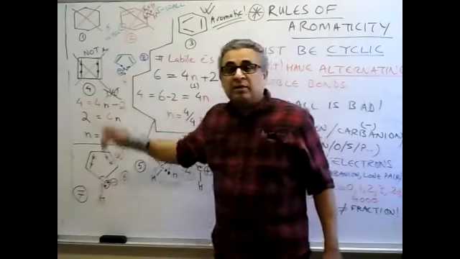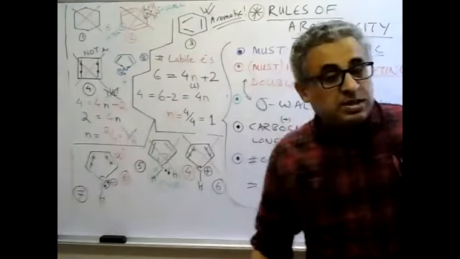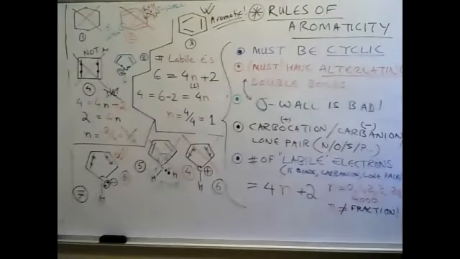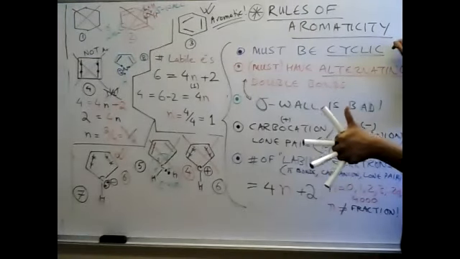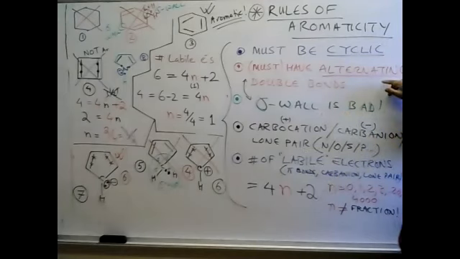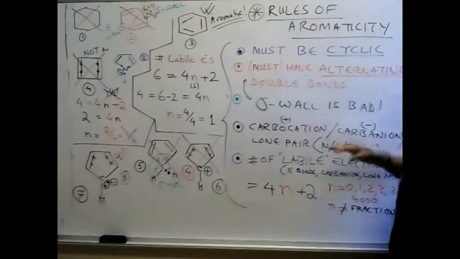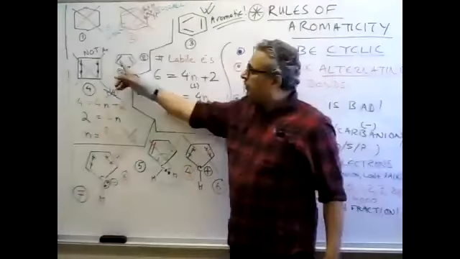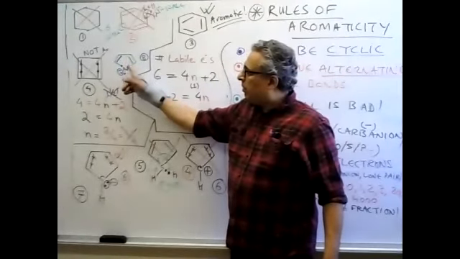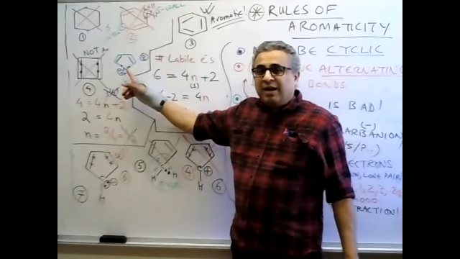What do you guys think about this molecule, pyrrole? Do you think this is aromatic or not aromatic? Check the rules. Rule number 1, cyclic. Yes. Rule number 2, must have alternating double bonds, no sigma wall. Well, it's got alternating double bonds. It doesn't really have a sigma wall.